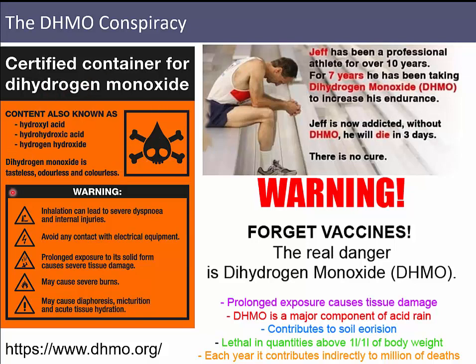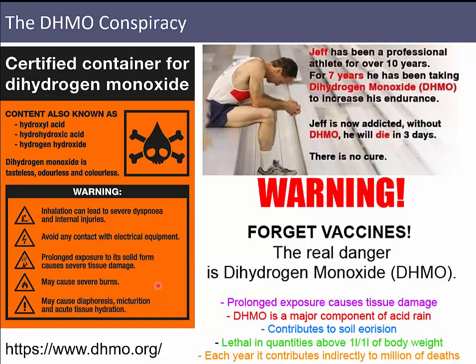It could also be called hydroxylic acid, hydroxy acid, hydrogen hydroxide, hydrogen oxide. Dihydrogen monoxide is tasteless, colorless, and odorless. Inhalation can lead to severe dyspnea and internal injuries. Avoid contact with electrical equipment. Prolonged exposure in its solid form causes severe tissue damage, may cause severe burns, right?